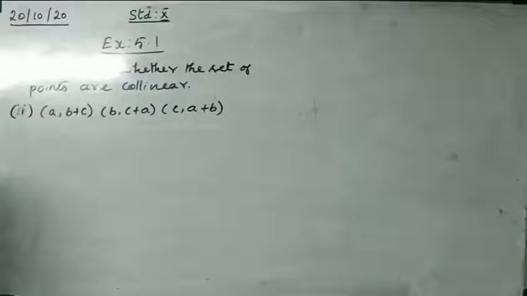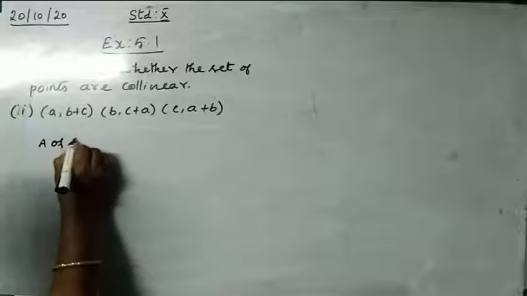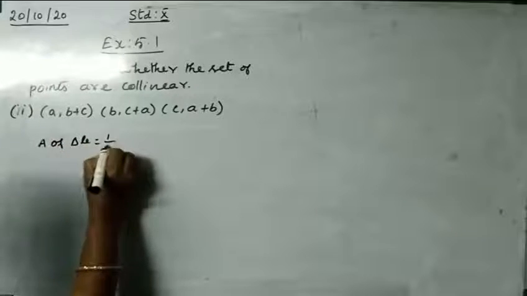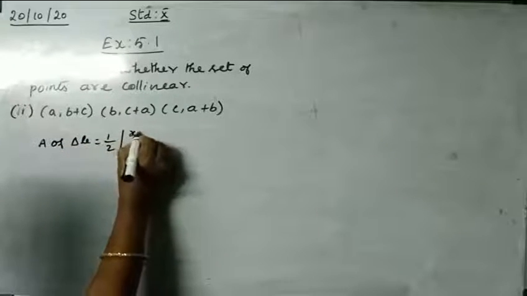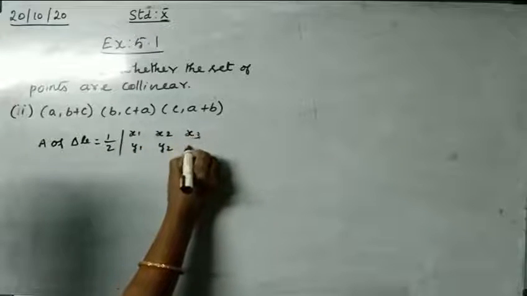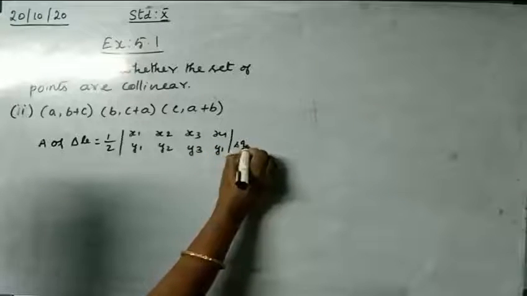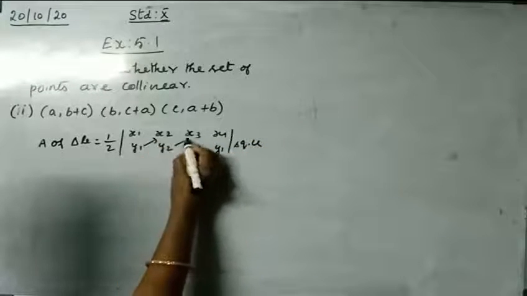Now let me check whether the area of the triangle is equal to 0 or not. So the area of the triangle is 1 by 2 times the determinant of x1 y1, x2 y2, x3 y3, x1 y1, in square units. Take cross multiplication.